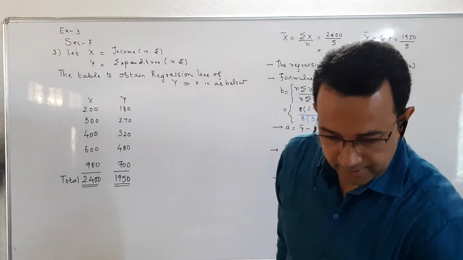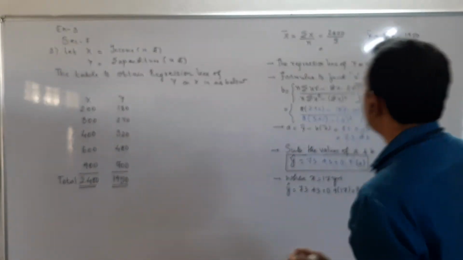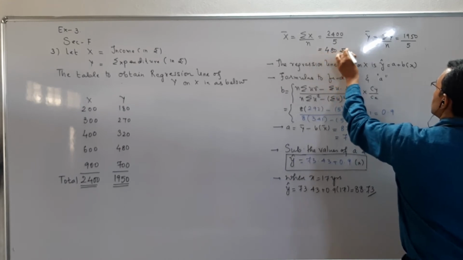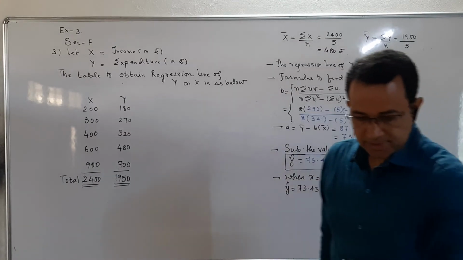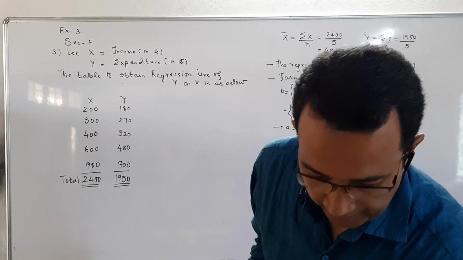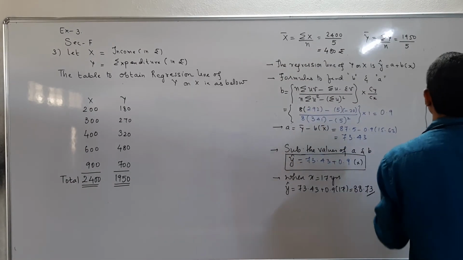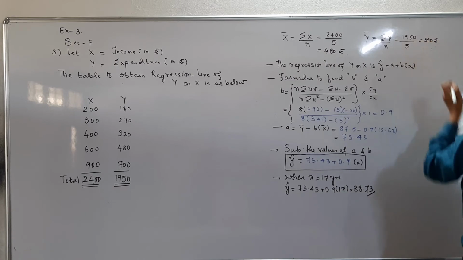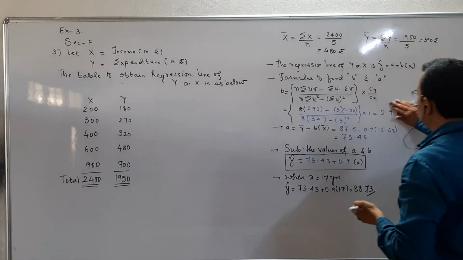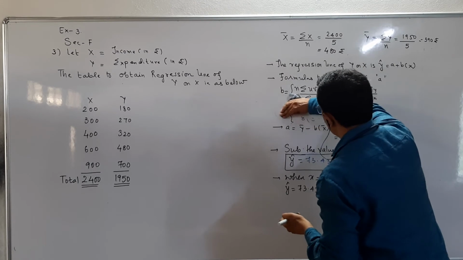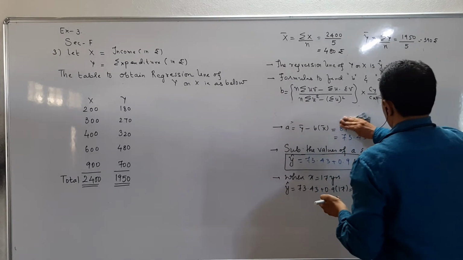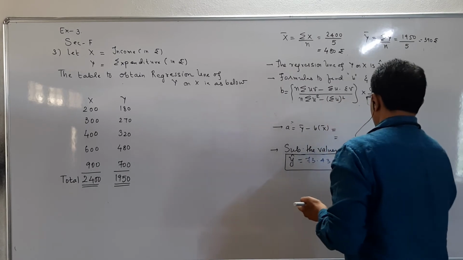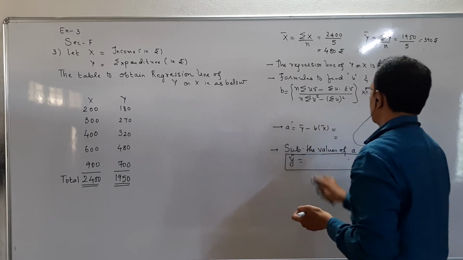So x bar, students, is 480 rupees and y bar, students, is 390 rupees. Students, let us use this for the calculations.